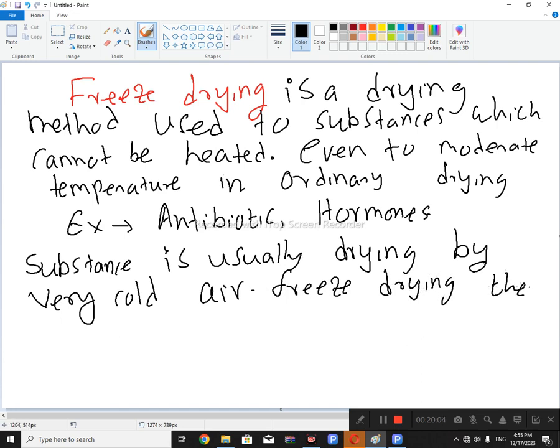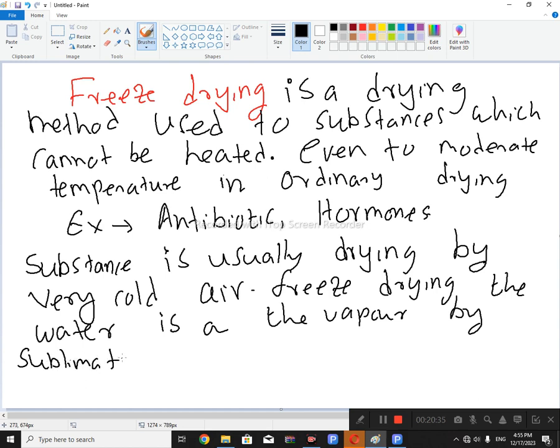The water is removed as vapor by sublimation from the frozen material in a vacuum chamber.